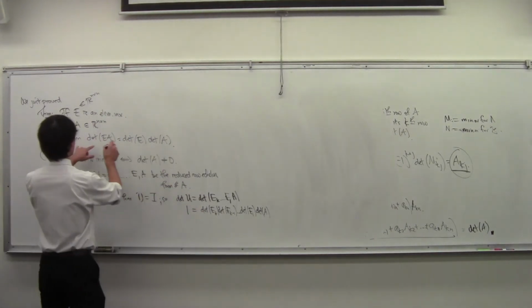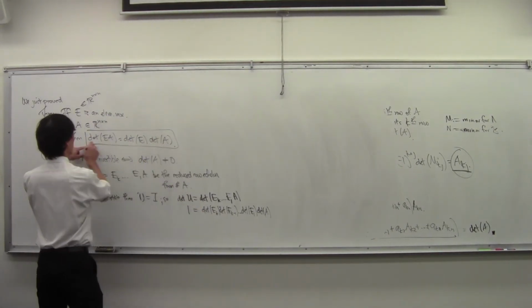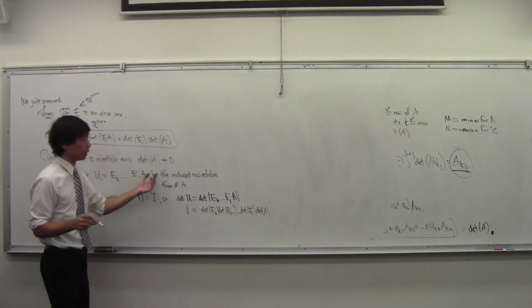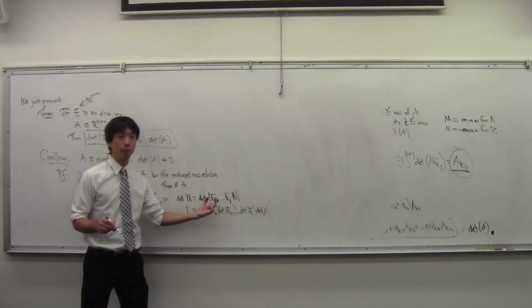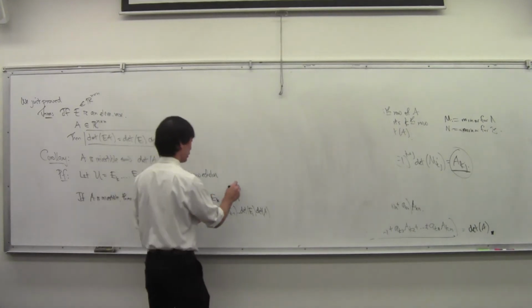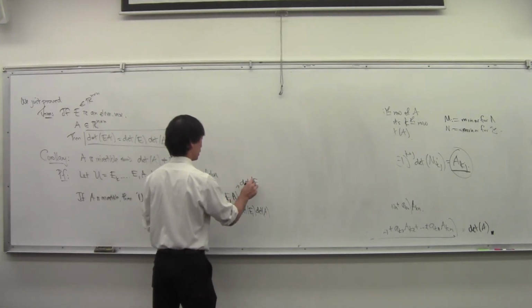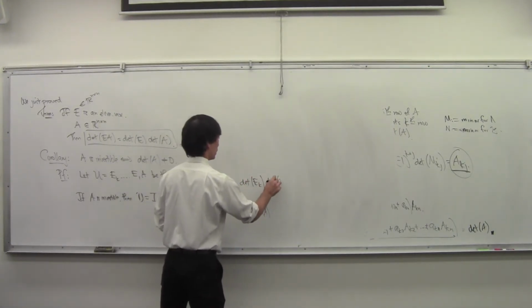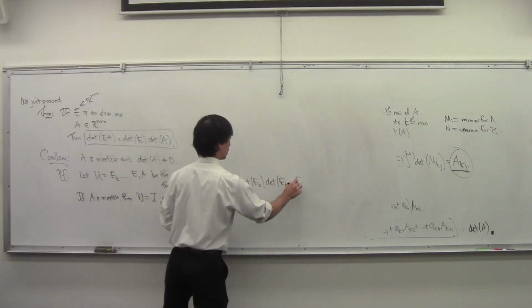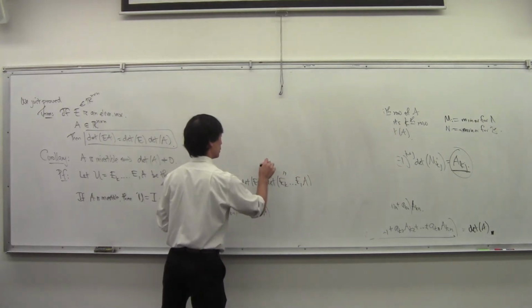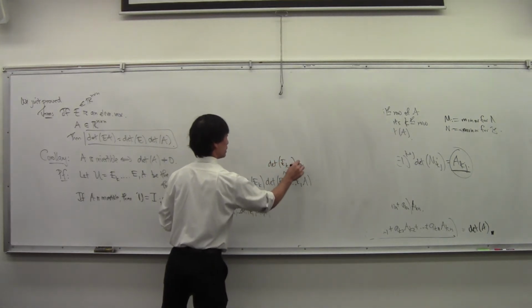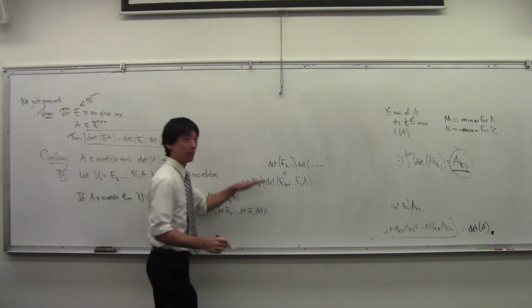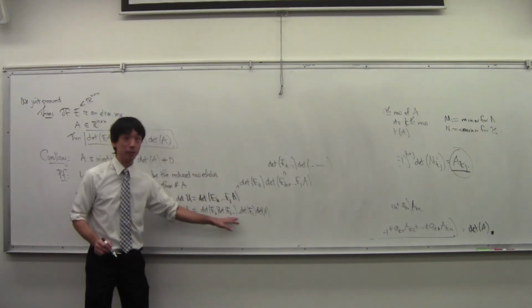Because of this fact here, right? We said that if you're taking the determinant of E times the determinant of A, you can pull one of them out. This is going to be the determinant of E times the determinant of everything left over. But this is the determinant of EK minus 1 times the determinant of everything left over, and you can keep on going down, right? So you work your way down to this thing here.